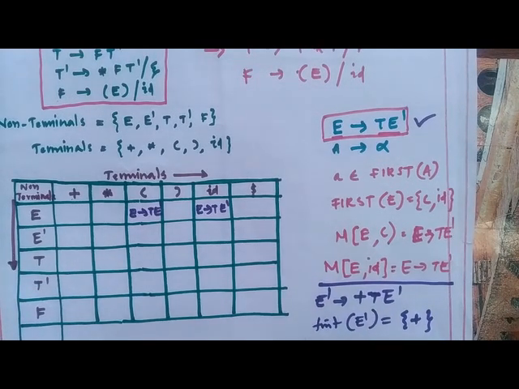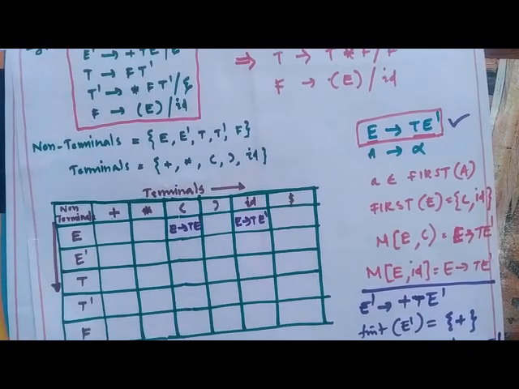So as per the first rule of the algorithm, in M of E dash, plus, we need to add the production E dash gives plus T E dash. Fine, so I will add that one.